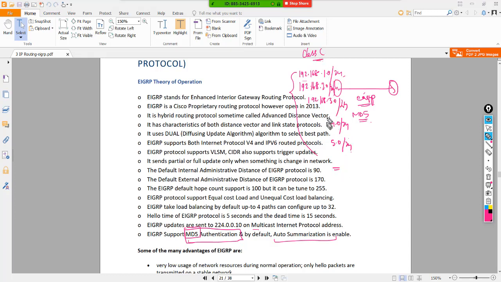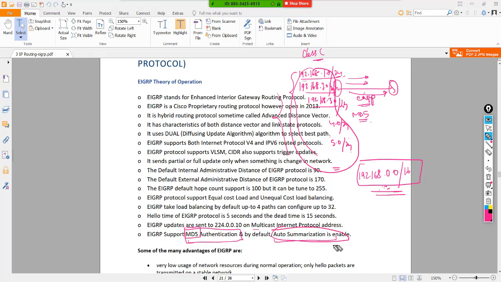The more individual networks I have, the more update packets and query packets will be transmitted between the two routers. So what I can do here is summarize them into 192.168.0.0 and put it as /16. Now all these networks are part of this broad group, and this group will be advertised between R1 and R2. That's called auto summarization, which is enabled.